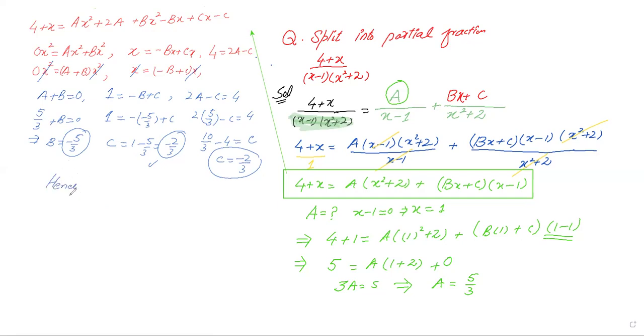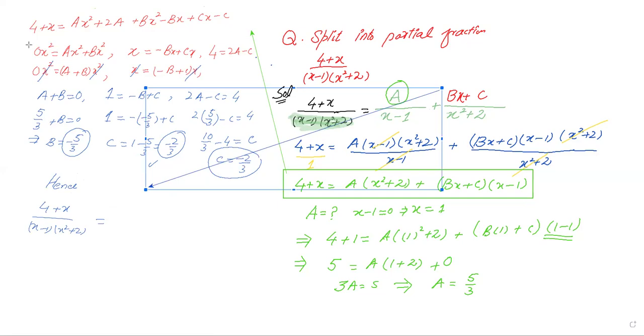What will you get? Your question will be 4 plus x divided by x minus 1 times x squared plus 2. After some struggle, some efforts, you have the value of a. The value of a is 5 by 3. So you have to write over here, so these things you have to shift over here. What's the value of a?